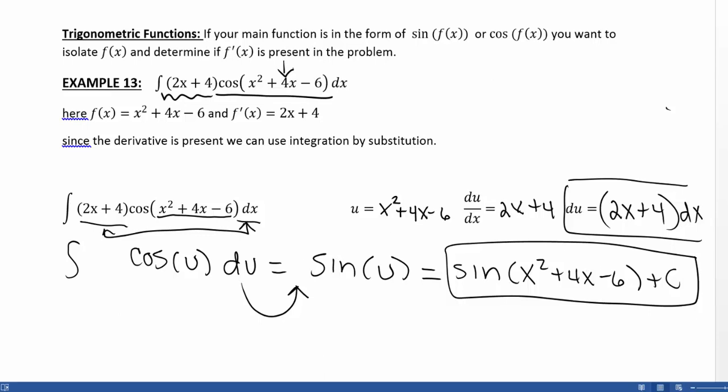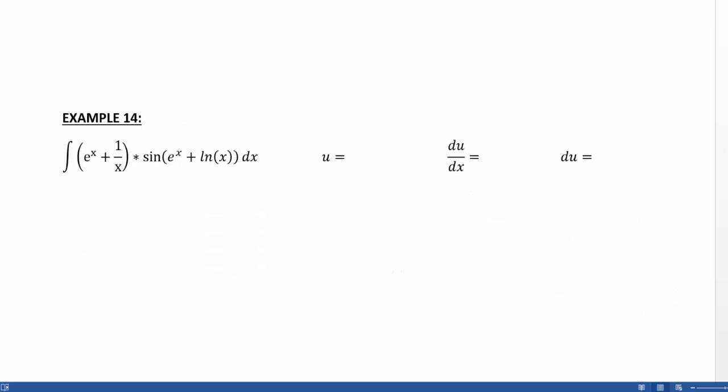Let's look at another example. Notice here that I have an e to the x function. Now, e to the x is its own integration by substitution problem. However, when we do an exponential substitution problem, the difference is that the power of the exponential is going to be a function in itself, something more than just x.